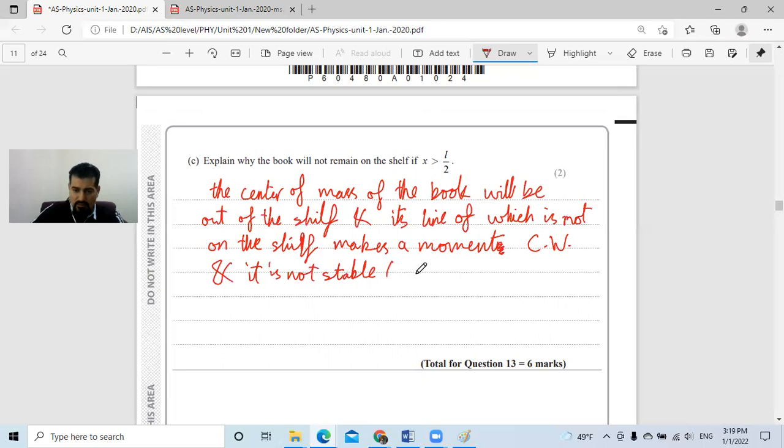Why is it not stable? I'll write it down. No anti-clockwise moment to balance it.